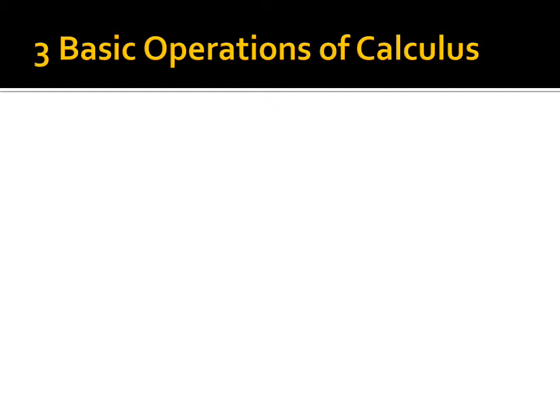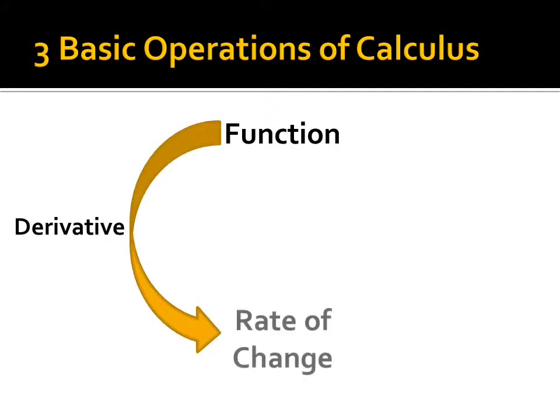Okay, so to represent this visually, if you have a function and you take the derivative of that function, then you get the rate of change. So for the operation that we call a derivative, the input is a function, and the output is the rate of change in that function.